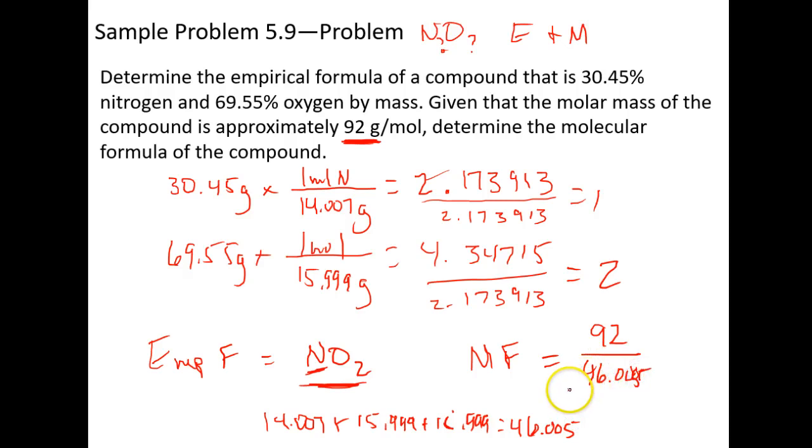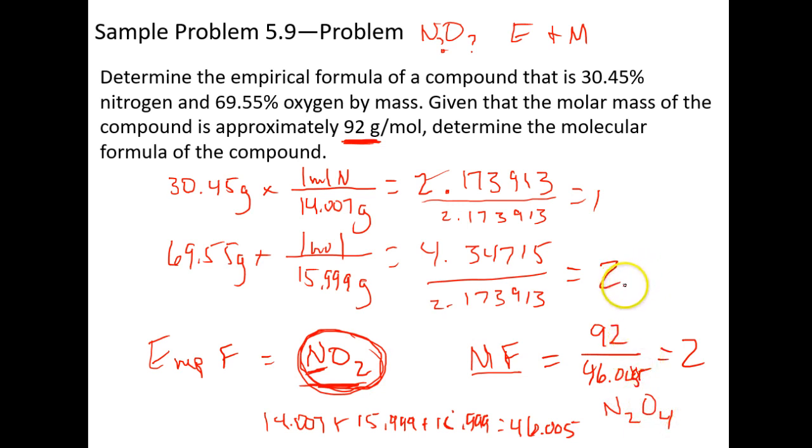I can already tell you it's going to be 2, but we all love using calculators. The answer is 2. So that means my molecular formula is twice the size of my empirical formula. So the molecular formula is N2O4.